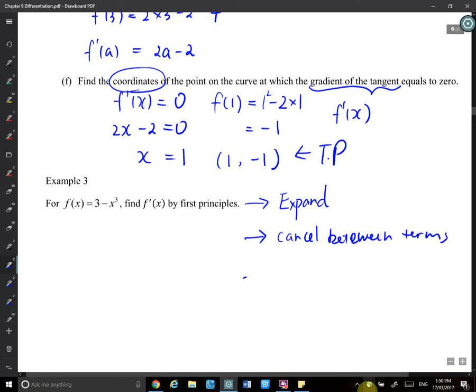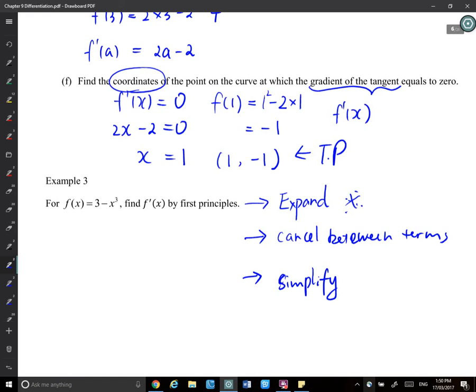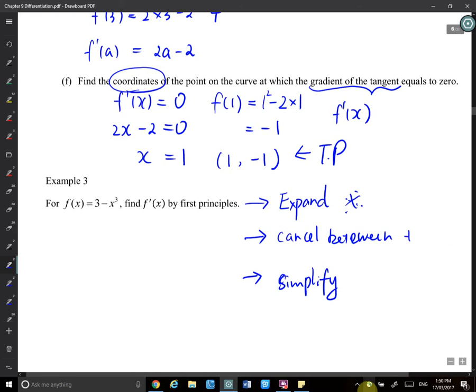And the last thing will be divide by h, simplify. The expansion is important, because if you don't expand, you can't really find the values.